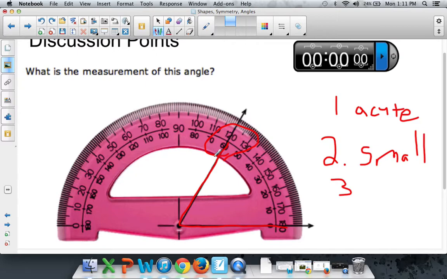Now the question was, what is the measurement of this angle? And this line right here will take you to the answer, but it takes you to 2 answers, 120 and 60. You have to pick the one that makes sense. What do I mean by that?